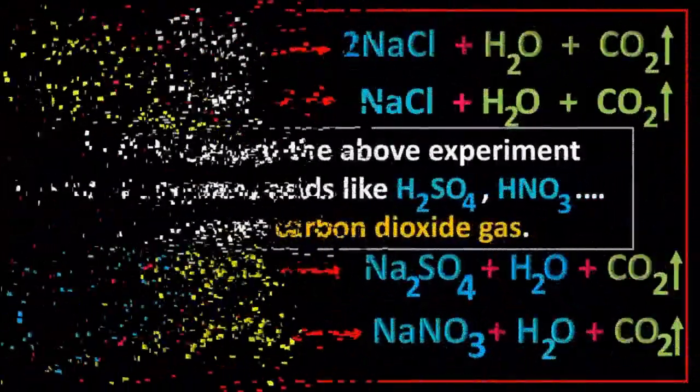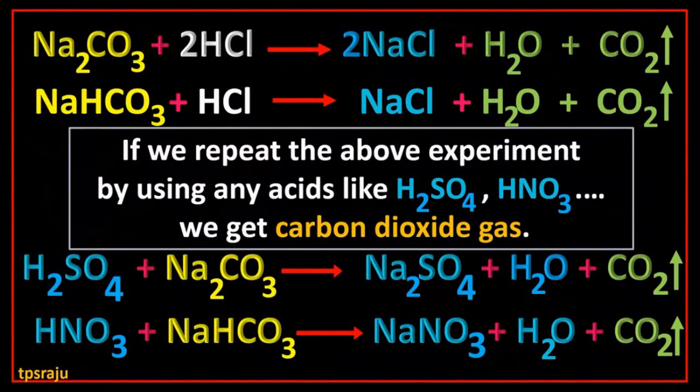Carbon dioxide is produced. So the chemical equation is Na2CO3 plus 2HCl gives rise to 2NaCl plus H2O plus CO2. Sodium bicarbonate also reacts with acid. Carbon dioxide is released. The chemical equation is NaHCO3 plus HCl gives rise to NaCl plus H2O plus CO2.